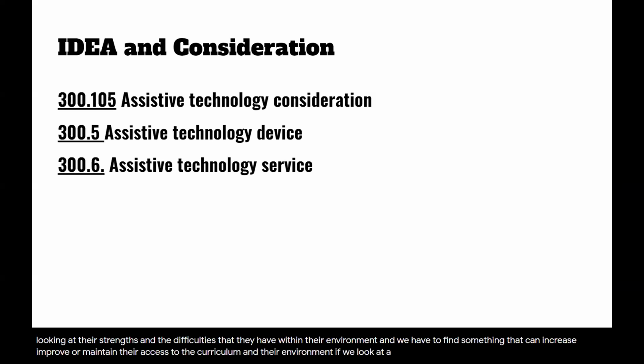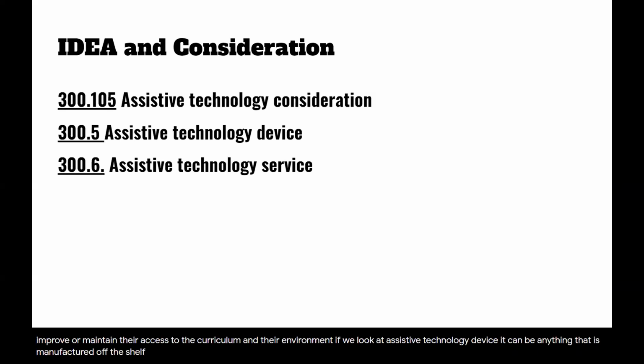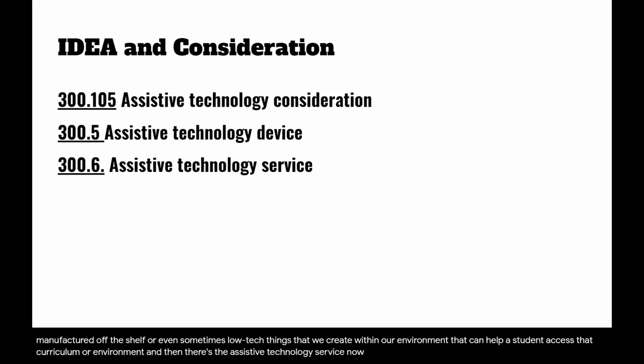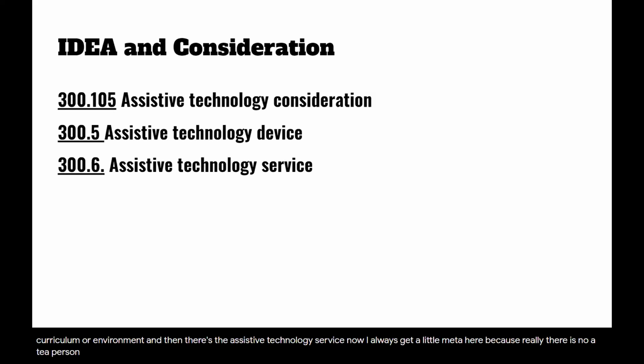If we look at assistive technology device, it can be anything that is manufactured, off the shelf, or even sometimes low-tech things that we create within our environment that can help a student access that curriculum or environment. And then there's the assistive technology service. Now, I always get a little meta here because really there is no AT person, even though I am standing here talking to you.